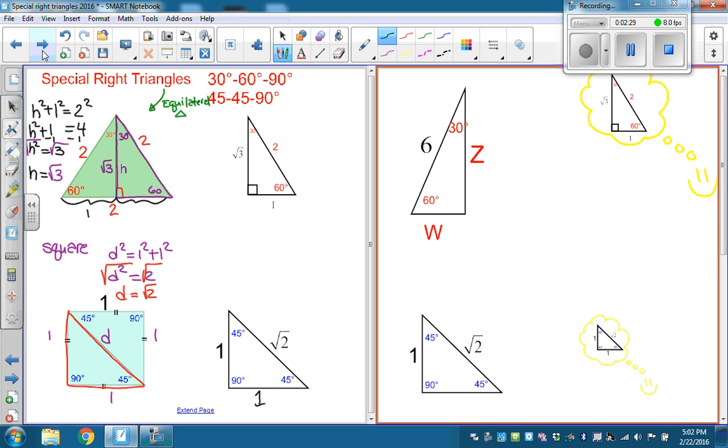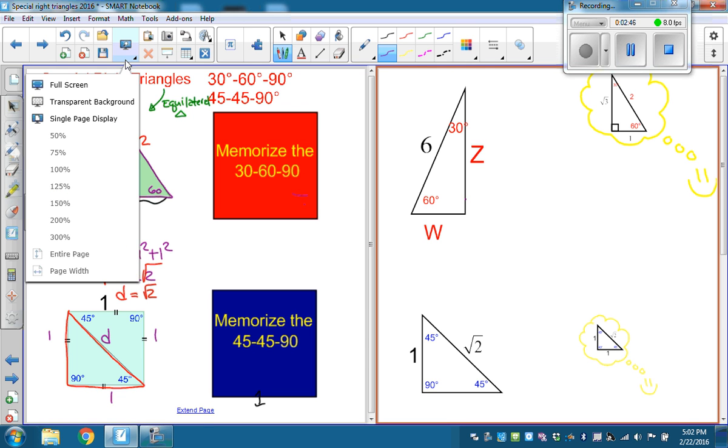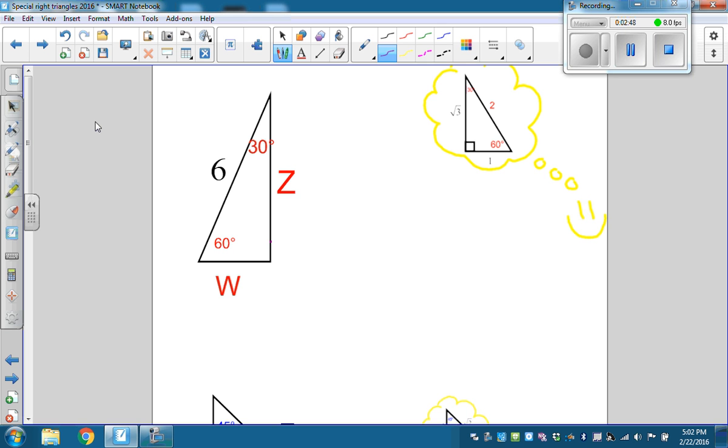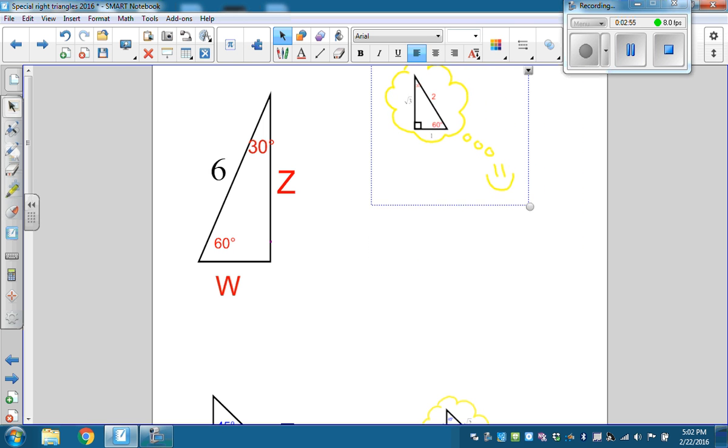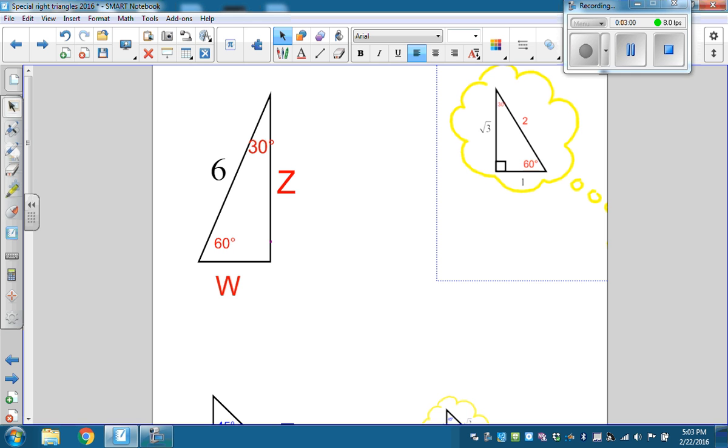So these special triangles are always going to be in the same proportion because, for example, if I take this triangle right here and I memorize the 30, 60, 90 here, regardless of if it's really big or really small, it stays in the same proportion. So I can use the proportions to find the missing values.